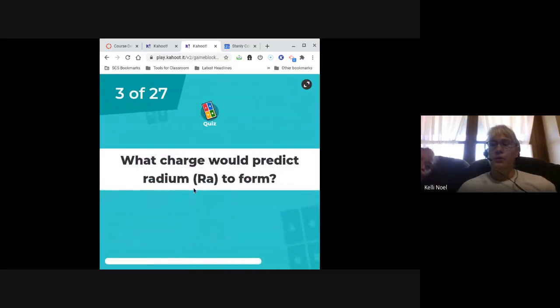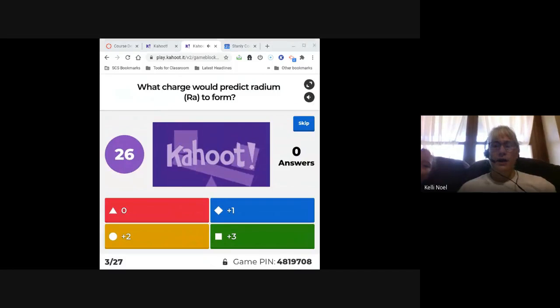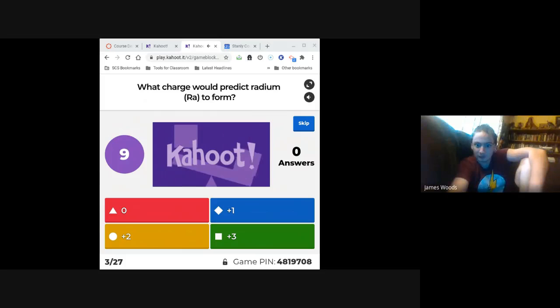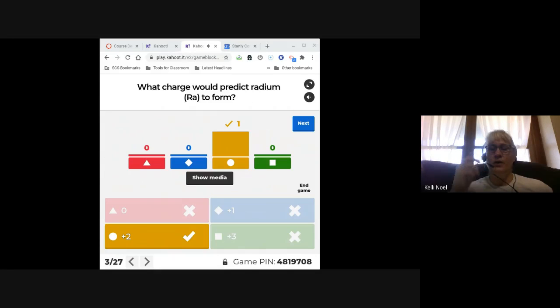Again, we're going to use the periodic table. Radium is a metal. It's going to be in group 2. So what kind of charge would it have? Group 2 is one of the easy ones.